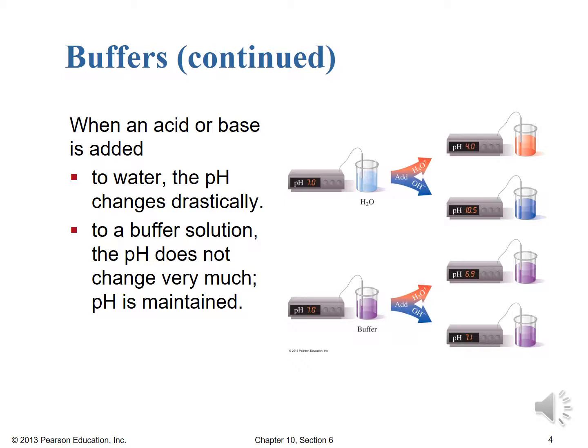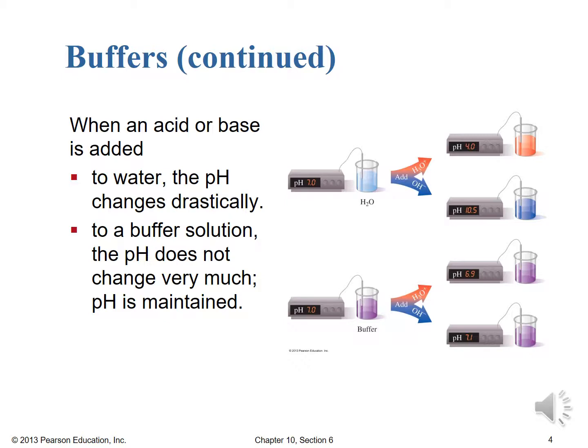If we do the same thing to a buffer solution, now we have a very, very, very minor pH change. If we add some acid, the buffer might start at 7.0 and go down to 6.9. So a very minor increase in H3O+ concentration and a very small decrease in the pH.